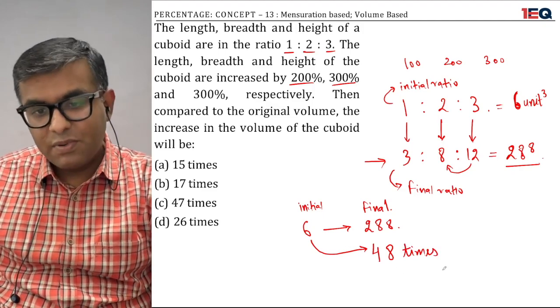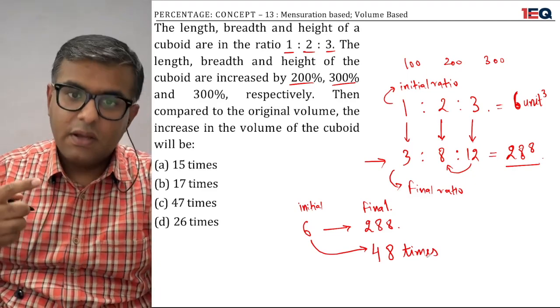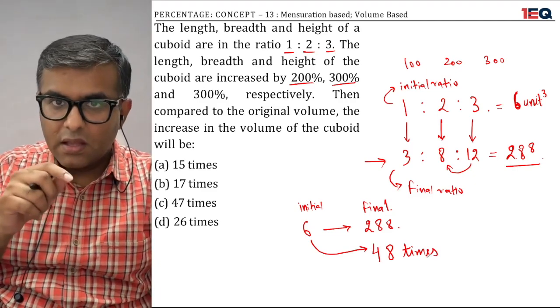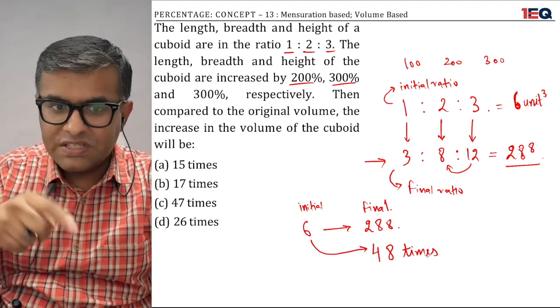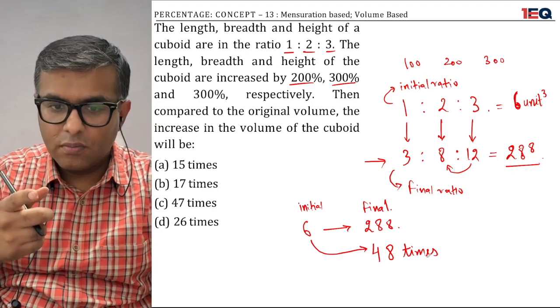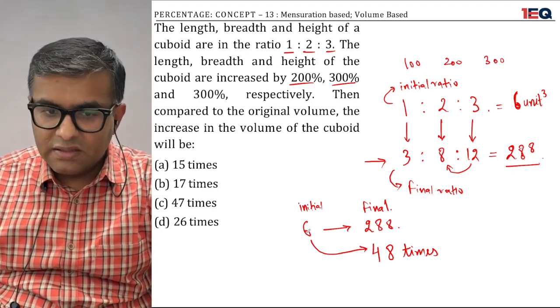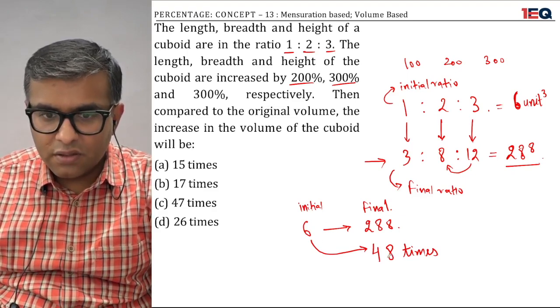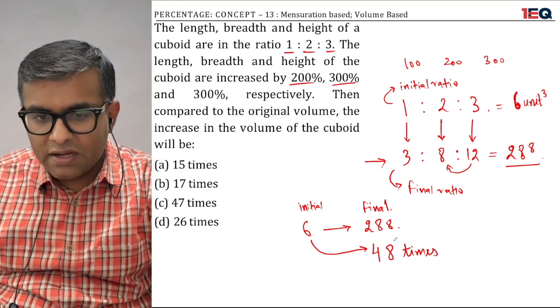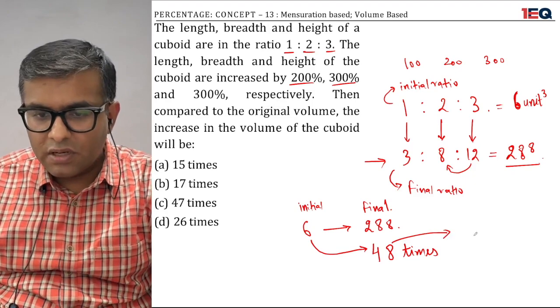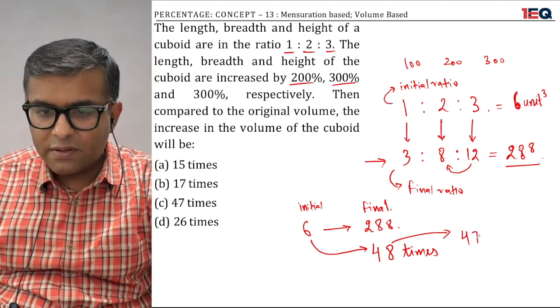It means there is one time which is being repeated. That is why this 6 is also included over here. So I will subtract that one time from here and the answer becomes 47.